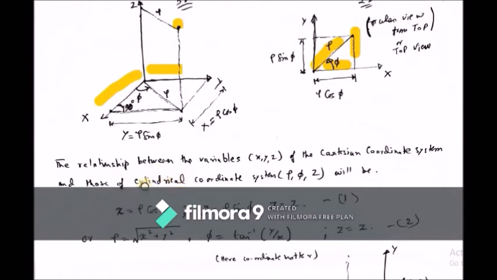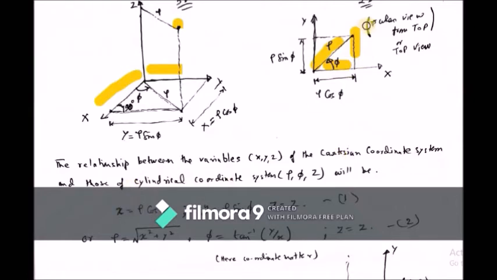So suppose the point P in the circular cylindrical coordinate system is rho, phi, z, and its equivalent in the rectangular coordinate system is x, y, z. Then x is rho cos phi, y is rho sin phi, and z is z only.